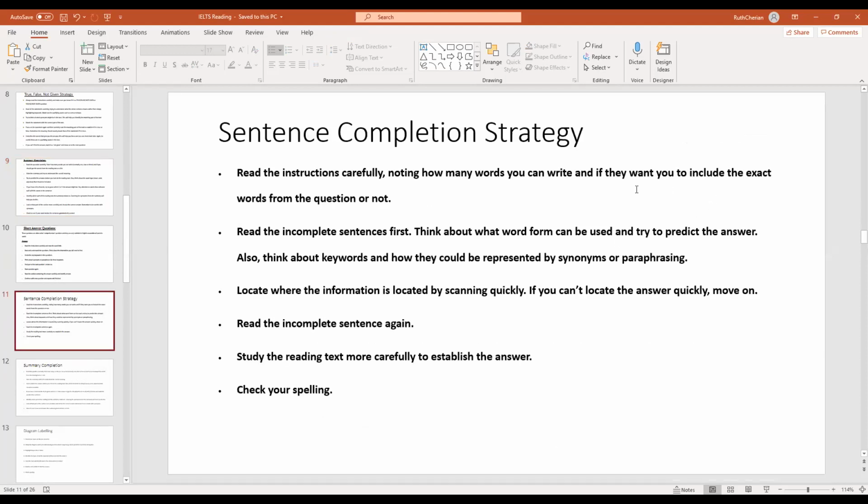So there are sentences from the passage, and these sentences contain a blank. Maybe 4 or 5 sentences are taken from the passage, and these have gaps. They'll ask you to choose either 1 word or 2 words from the passage and fill in the blanks. So that's called completing the sentence.